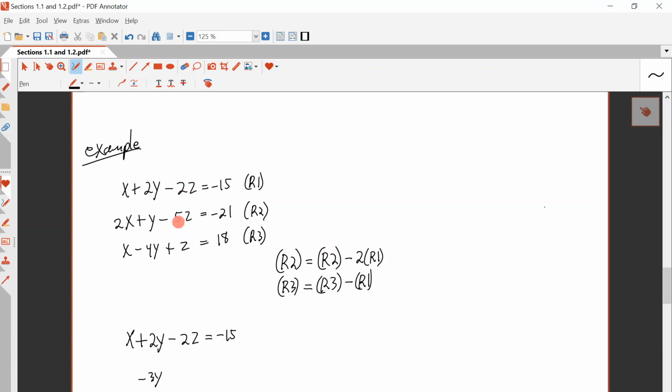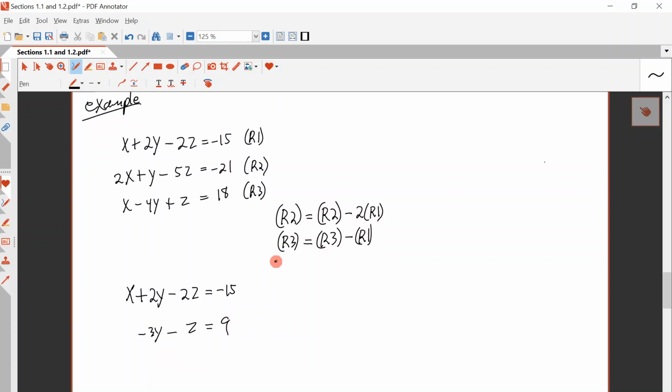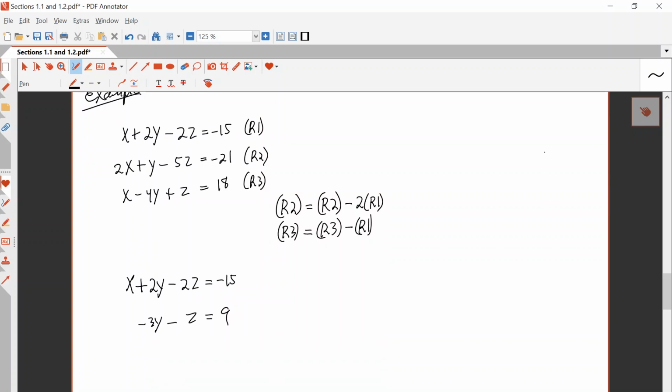So it's going to be minus 5z plus 4z. Not minus 4z, but plus 4z. So that becomes minus z is going to be equal to minus 21 plus 30. Minus 21 plus 30 is 9. All right, so that's my new row 2.